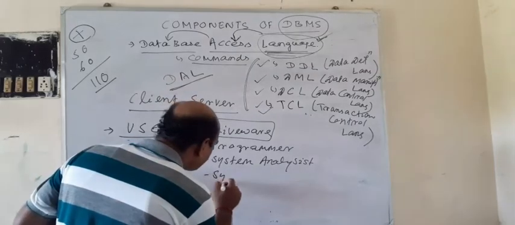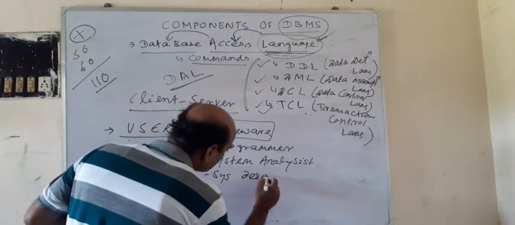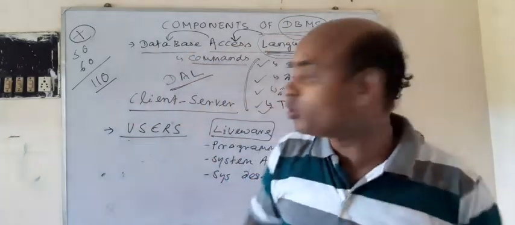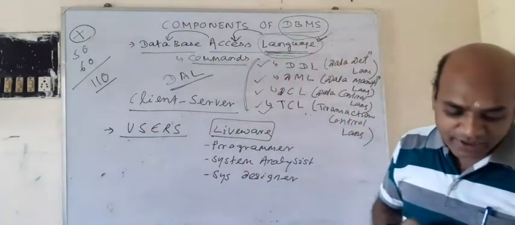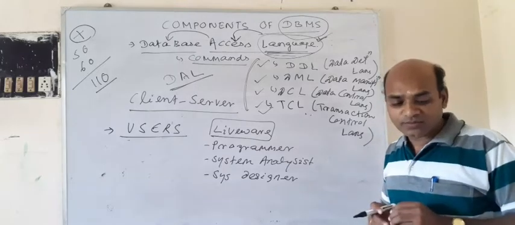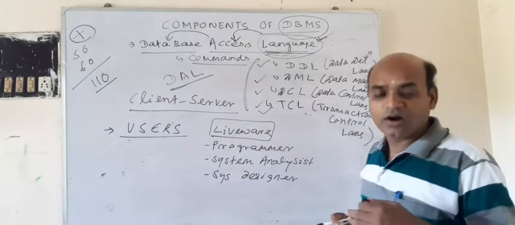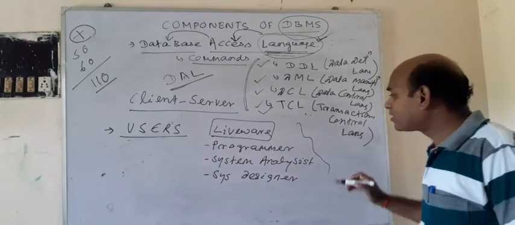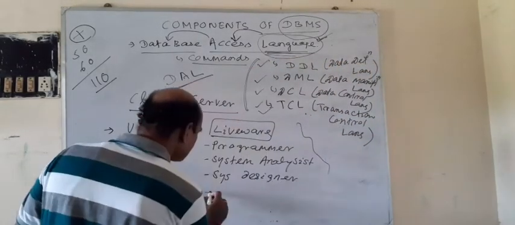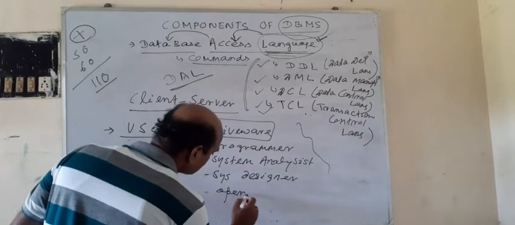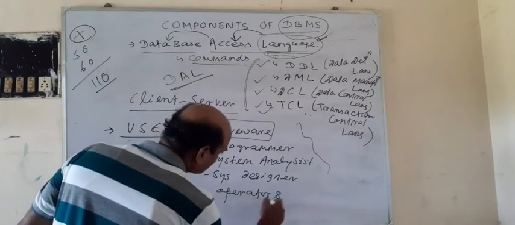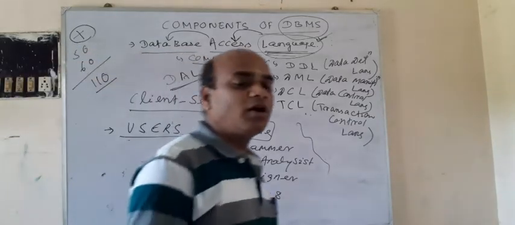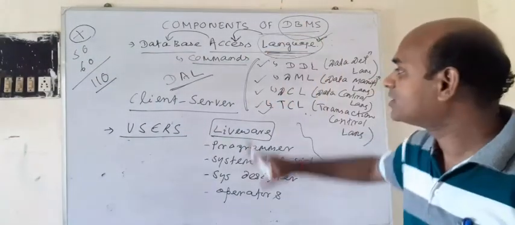A system designer is also one type of user. Programmer, system analyst, designer, application programmer: all these are technical users or operators, computer operators. These are the different users who are using this database system.